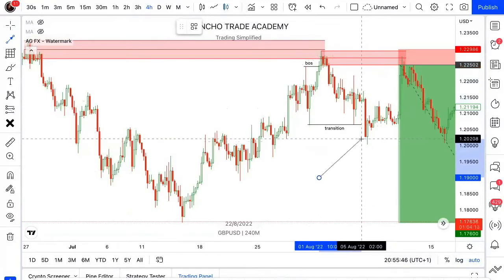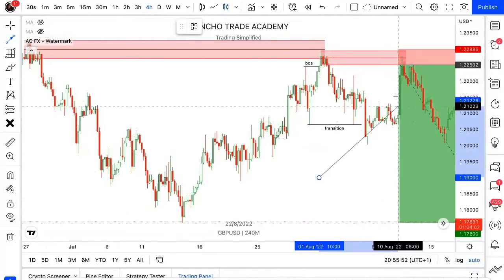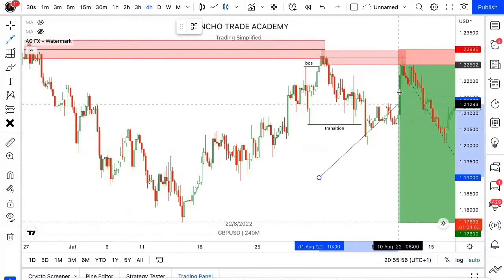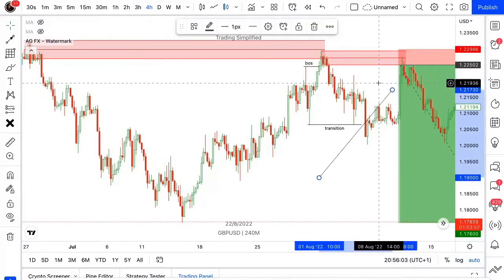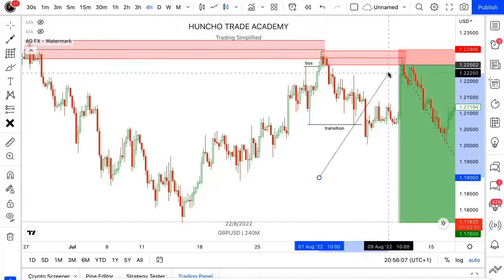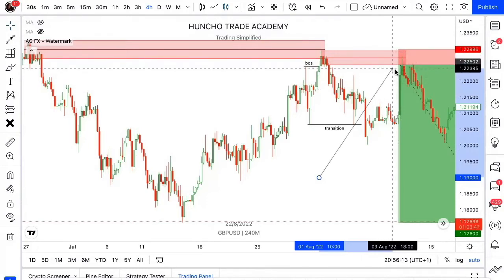Even though after this shift in market structure price moved to the upside very fast with a parabolic candle, I was not worried, because I want to see price action on this order block. Then I can go to my lower time frame for refinement.